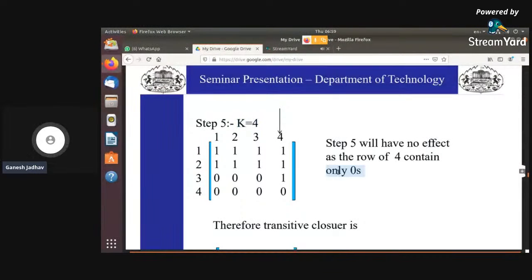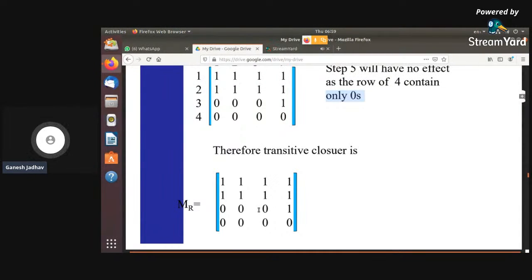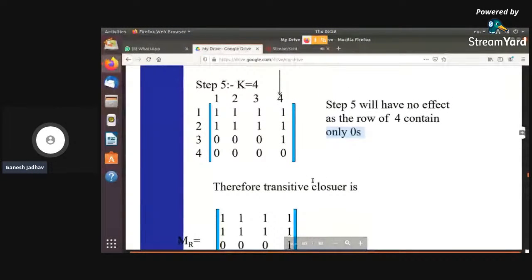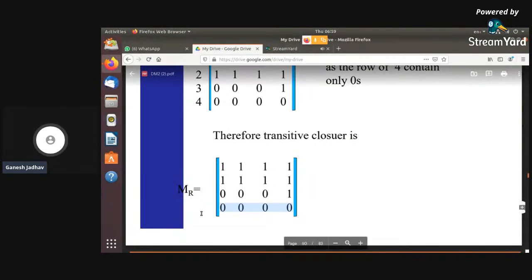Therefore the transitive closure is 1 1 1 1, 1 1 1 1, 1 1 1 1 and 0 0 0 0, because there are only zeros in row 4. This is your first example of the transitive closure. This is very simple and you can get full marks in this particular example.